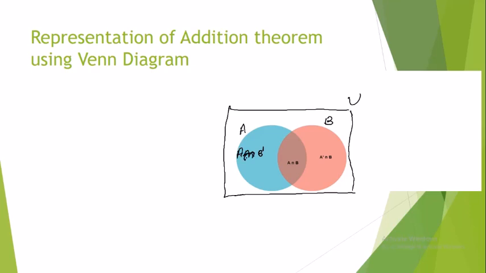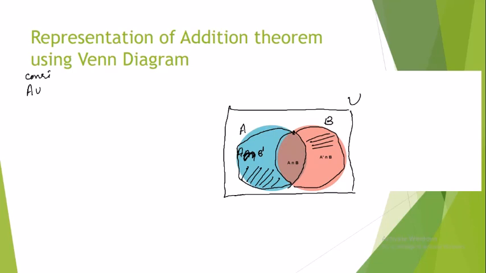So this blue part is A, and this part, somewhat peach or beige in color, is B. Now this intersection part, as you all know, is A intersection B. Then this part that I'm drawing right now is A intersection B complement, and similarly this one is A complement intersection B. Okay, this part.